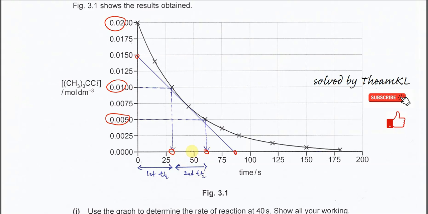As you can see from this graph, the two half-lives are actually quite close. They are quite similar. So we can prove that this is first order because these two half-lives are quite similar. Right? This is a characteristic of the half-life for first order. When a reaction is first order, the half-life must be constant.